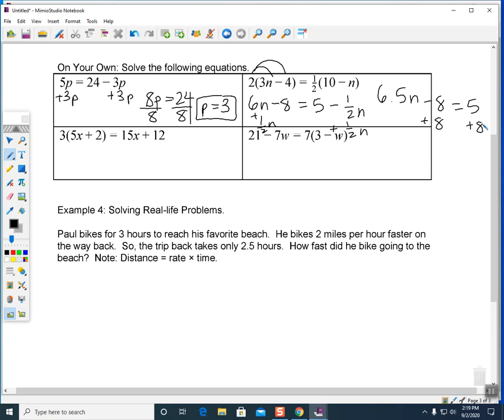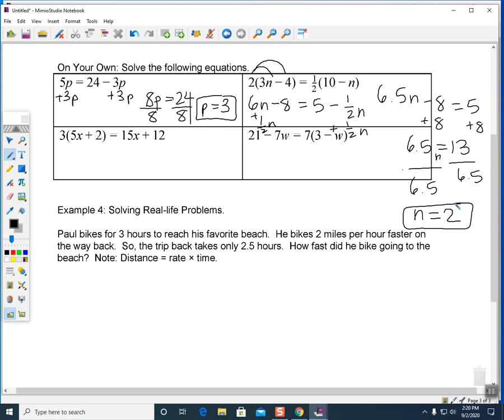I'm left with 6.5n equals 13. Oh, I need my n there. And then I'm going to divide both sides by 6.5. When I divide 13 by 6.5, I get that n equals 2. Hopefully you can follow all that. It was hard to keep it in the box.